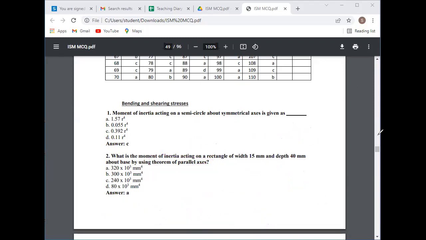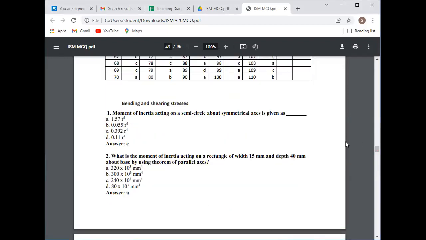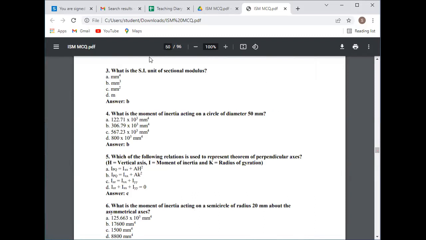Okay, after that, next question, see next. What is the SI unit of section modulus? mm raised to 4, mm cube, mm square, meter. Please remember here the unit of moment of inertia is mm raised to 4 and here they ask for section modulus.